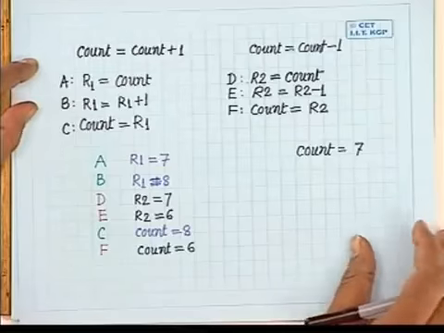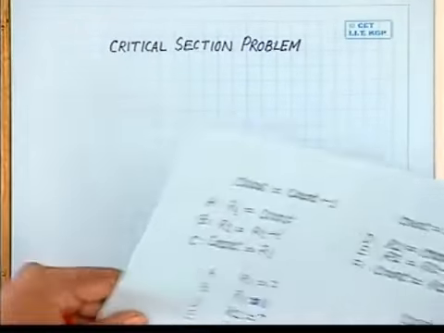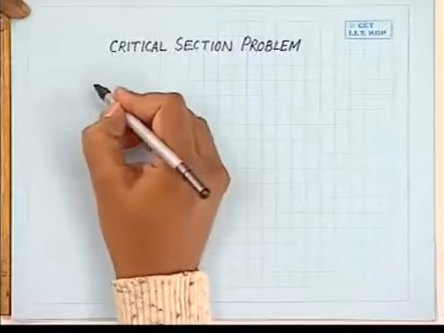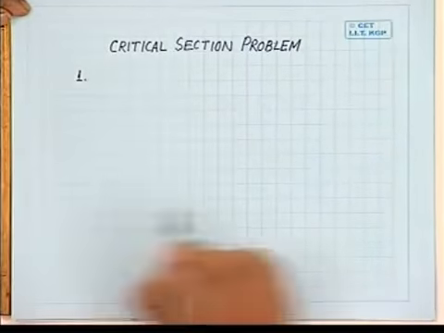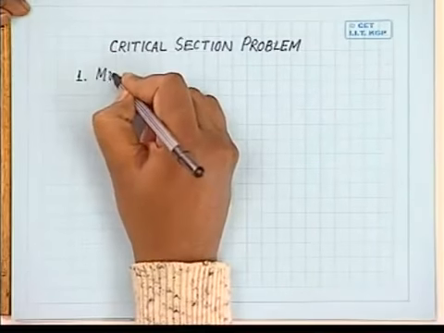That is what is meant by mutual exclusion. To solve this critical section problem, we must ensure that the critical section is mutually exclusive. So the first requirement of a solution to the critical section problem is mutual exclusion.